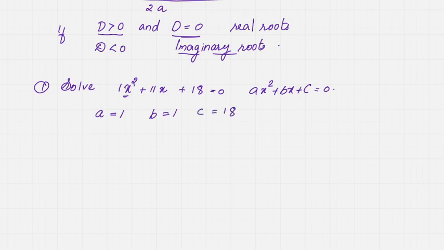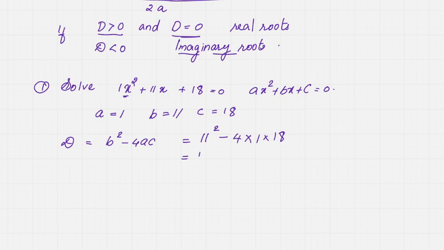Now our discriminant is D is equal to b square minus 4ac. Here we know that b is 11. So 11 square minus 4 into a is 1 and c is 18.